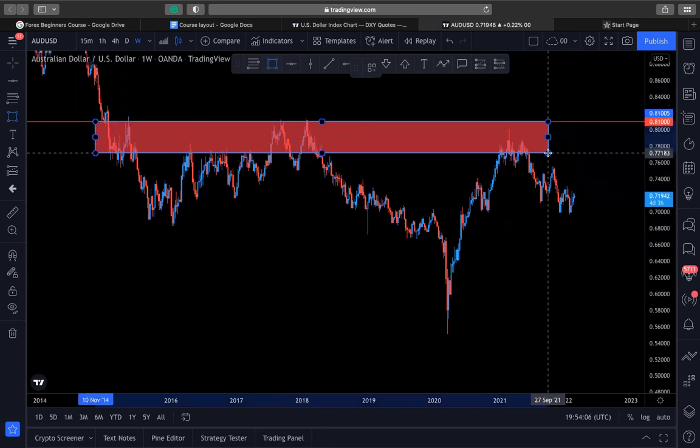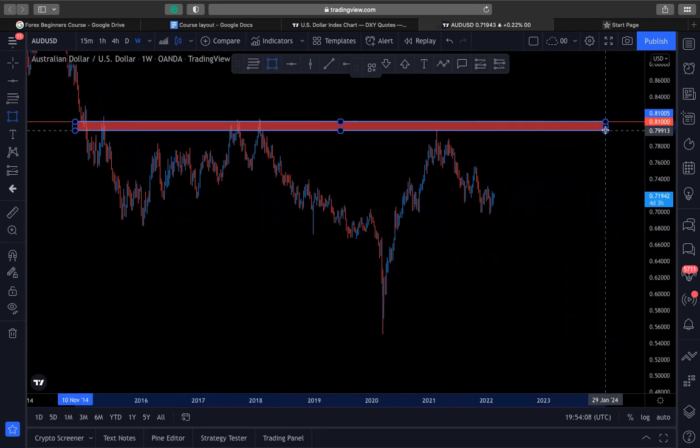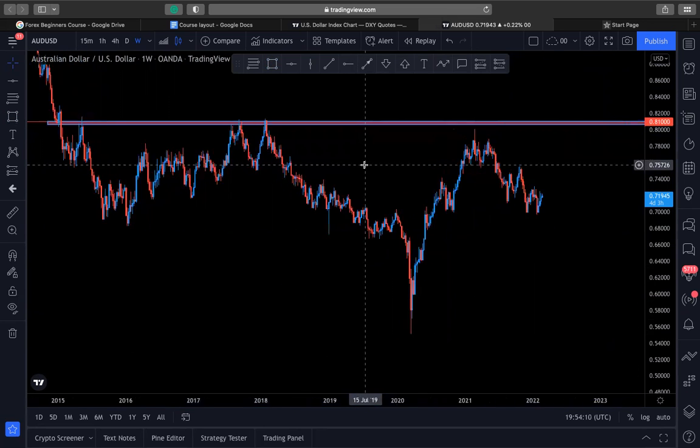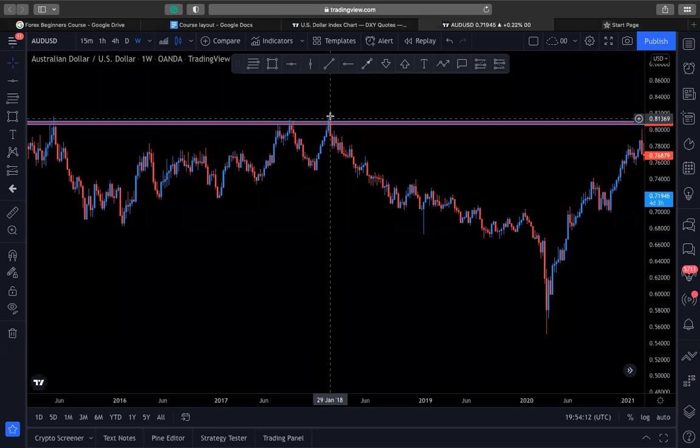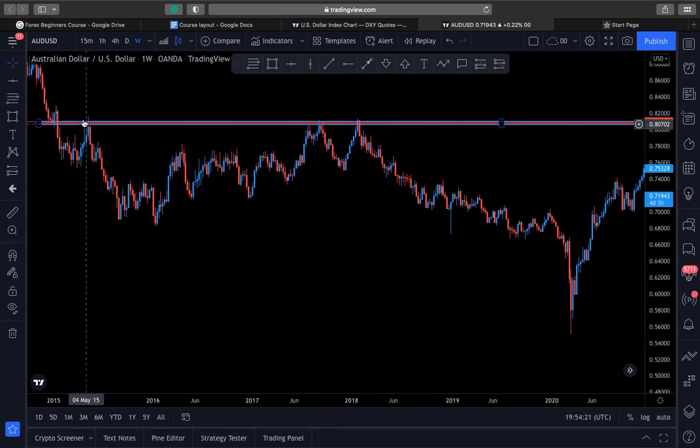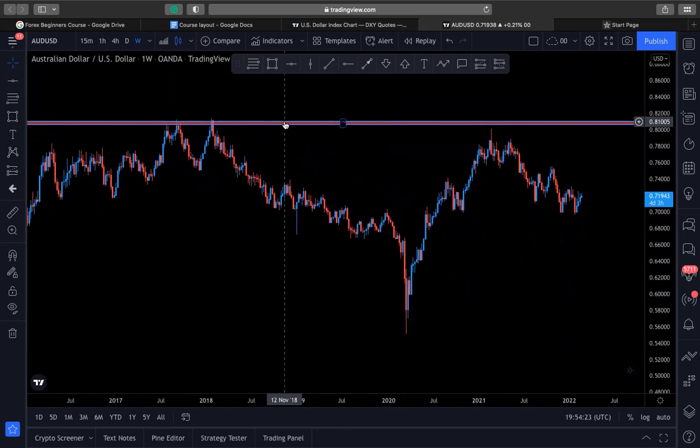I'm just going to draw a little box here. What I like to do is capture the most recent price action. We see we're capturing the majority of these wicks here, and the majority of the body of this bearish engulfing top, identifying this as our major level.